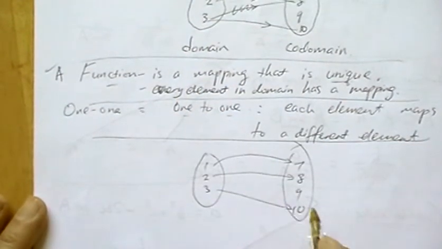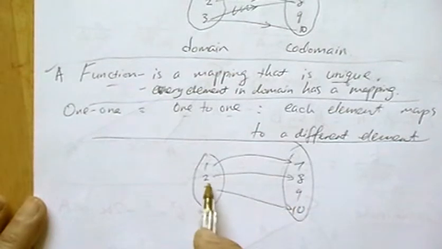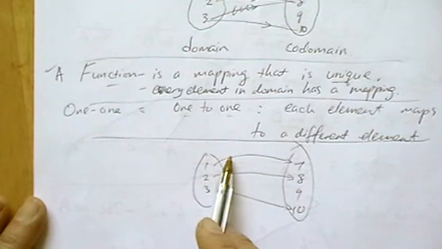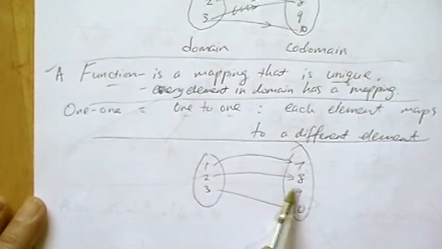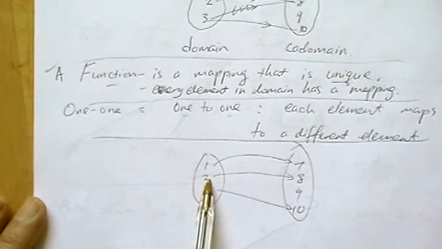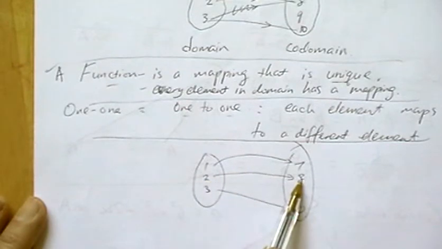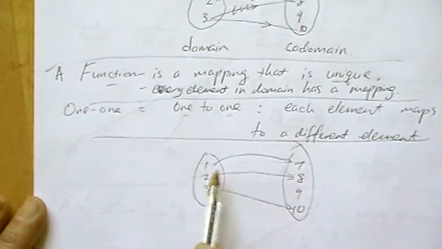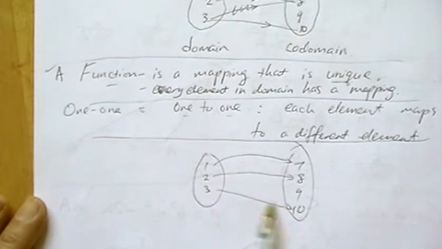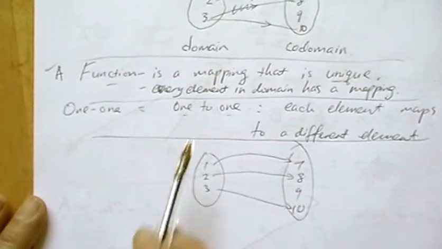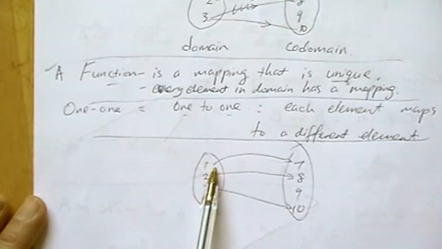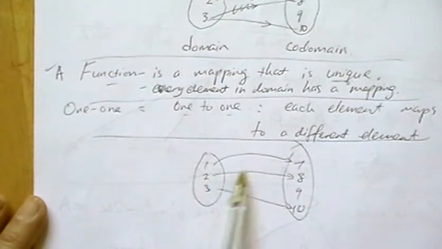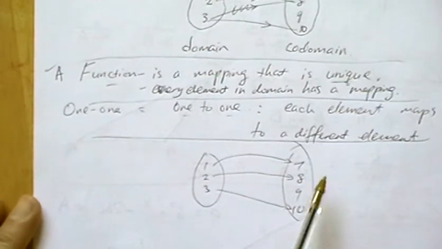So now I have a function. It is a function because each element maps to a unique one, and every element is mapped onto something. And it is also one-to-one. Each number just maps onto one number, and we don't have two numbers mapping to the same number.